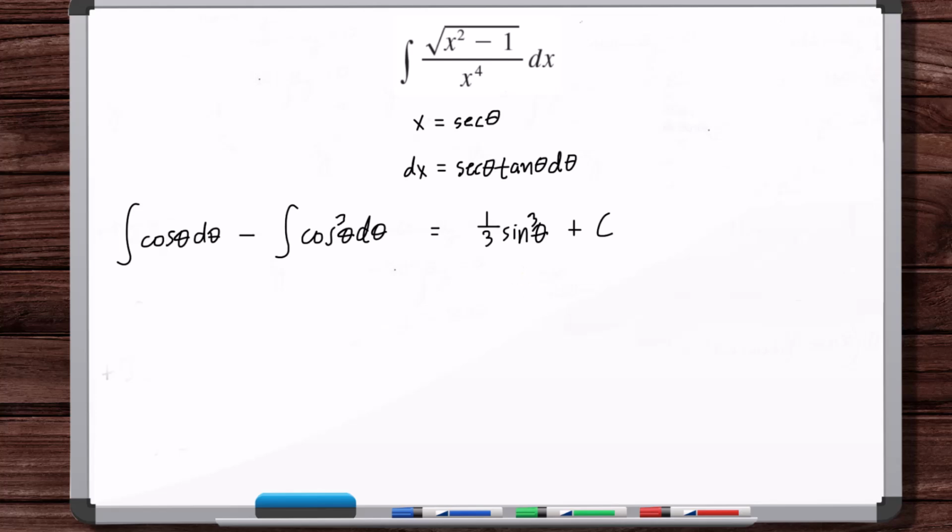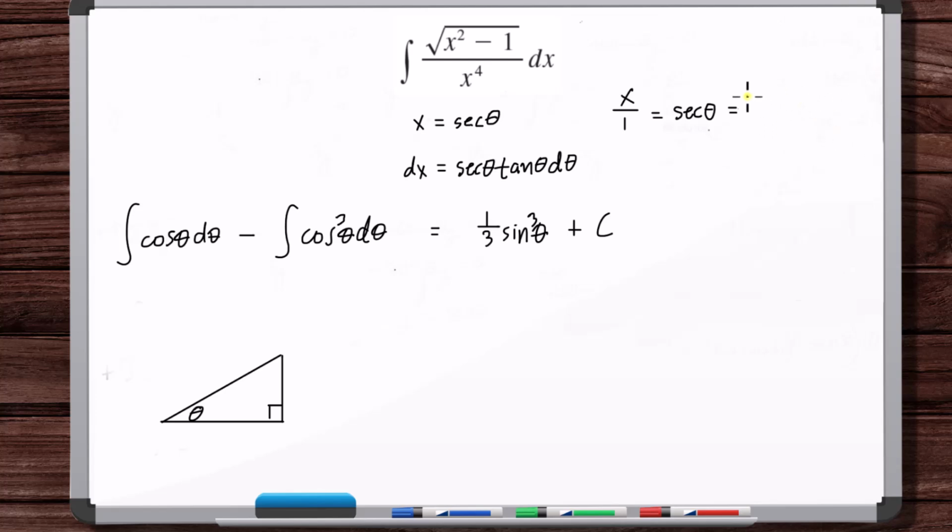What we do is we make a right triangle, and this is theta. And what we do is we come back to our substitution definition. x is equal to secant theta, and what this is, it's x divided by 1 is equal to secant theta. And secant is the opposite of cosine.